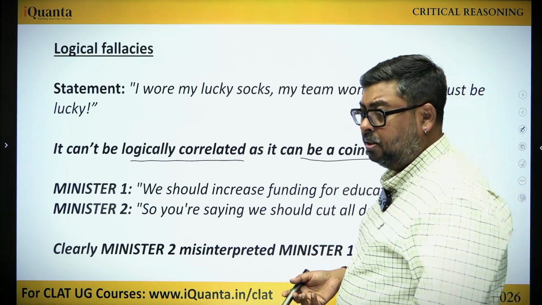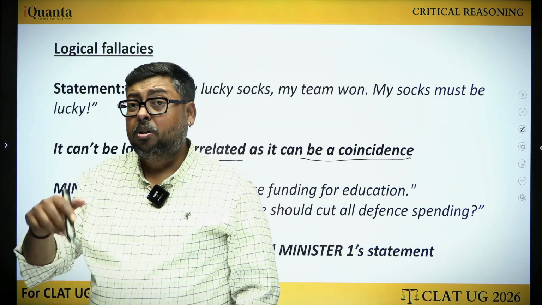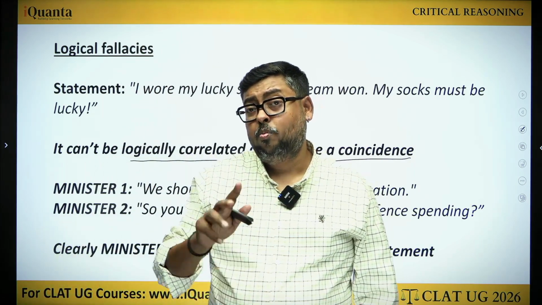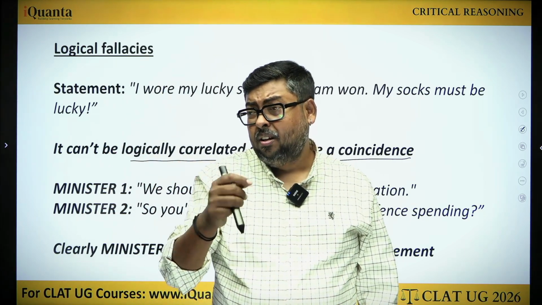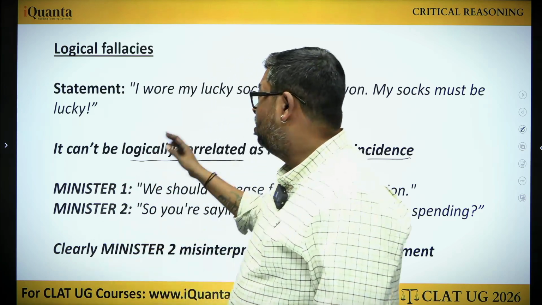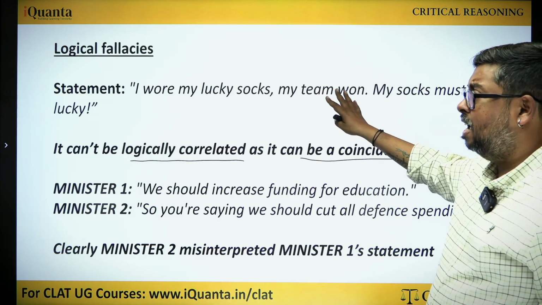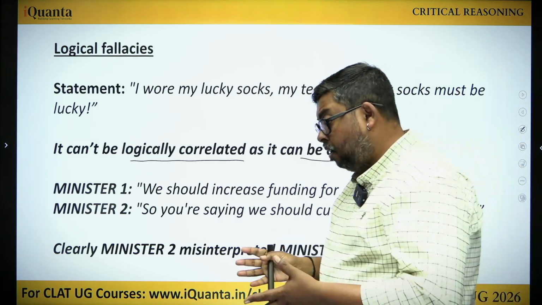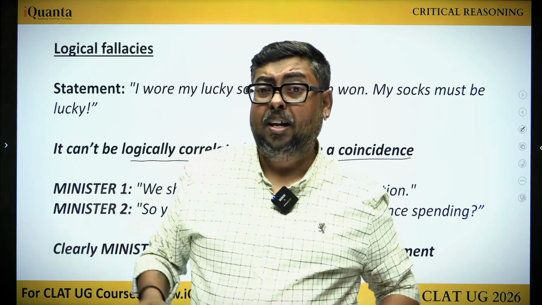It is just a coincidence that every time I wear these socks, I actually win. So what about the rest of the days? Maybe on the rest of the days you might be wearing some other socks and you might be winning then as well, right? So we really don't know. So it is not complete for us. It is just a coincidence. I cannot use it as a point on which I can make eliminations, right?